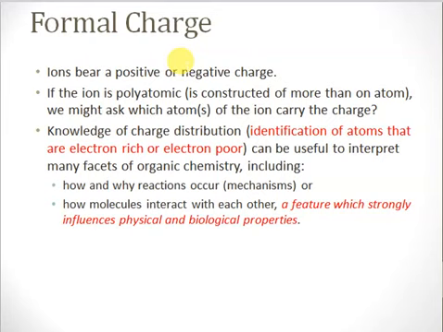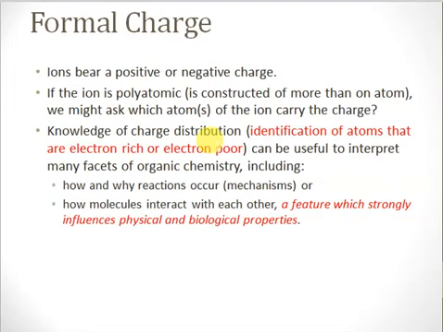Because the atom which is electronically rich is basically the nucleophile in organic chemistry, and the atom or group of atoms which are electronically poor or electronically deficient act as the electrophile in organic chemistry, right? So when we have to interpret organic chemistry, or explain the reaction mechanism, it becomes important to know which center, which atom or which group of atoms is electronically rich and which is electronically deficient, right?